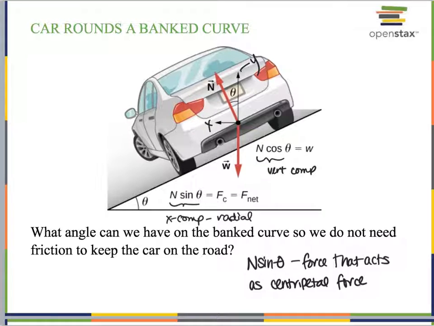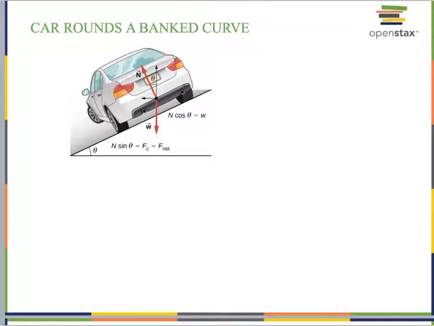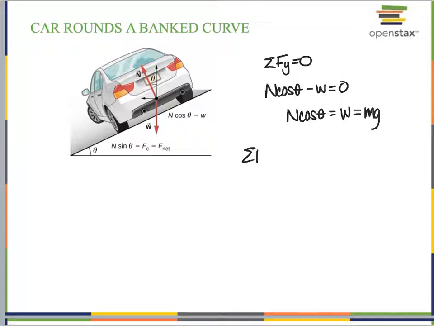And so if we look at that in terms of forces, in the y direction we have 0, we have n cosine theta minus the weight is 0, so n cosine theta is equal to the weight, which is equal to mg. In the radial direction we have n sine theta is equal to mv squared over r.